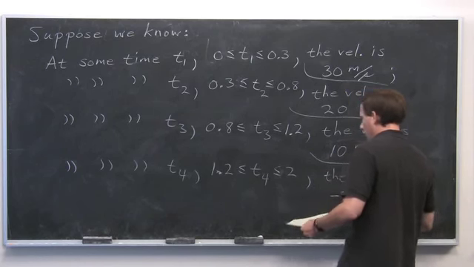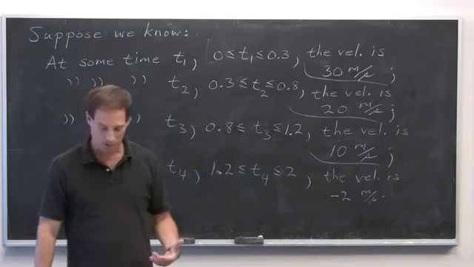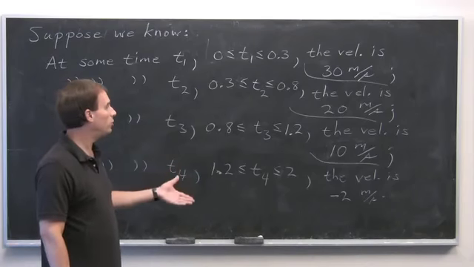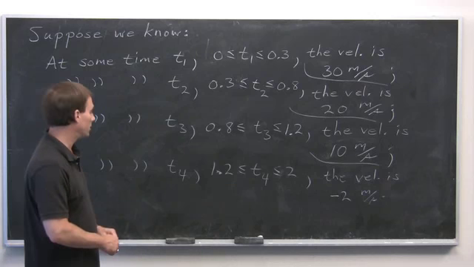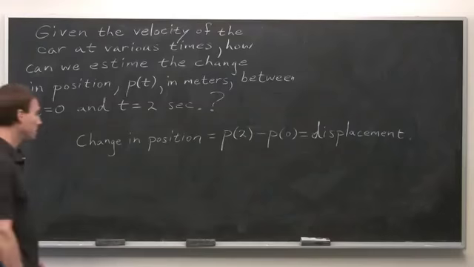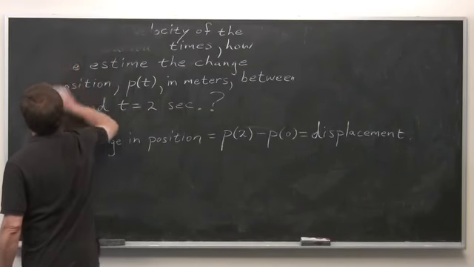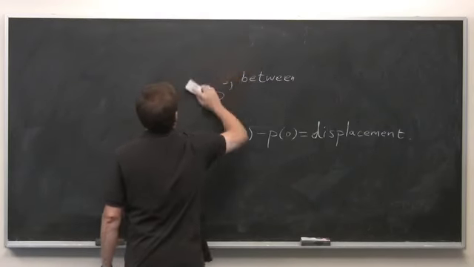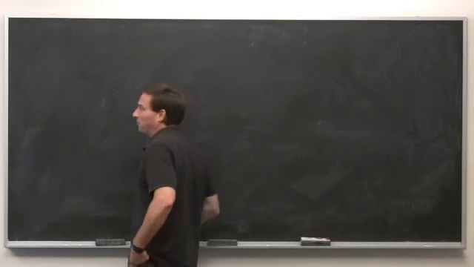So the car has reversed direction and is headed in the negative direction at a speed of 2 meters per second. Given this data, how would we estimate the change in position, so the displacement of the car between times 0 and 2 seconds? Well, you do what you would probably do naturally, but we should go through it carefully at least a few times.